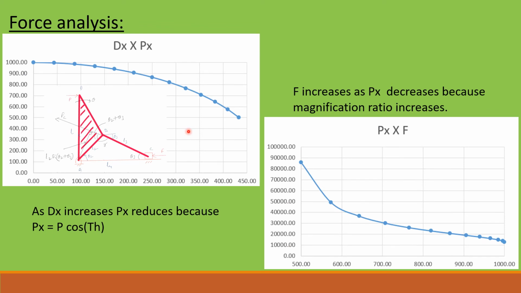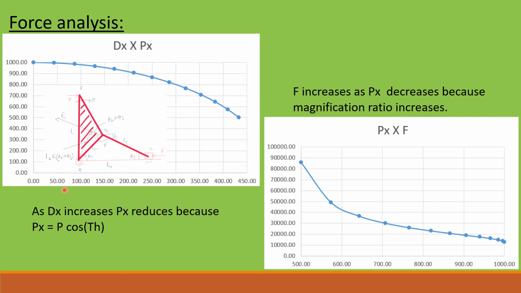In the problem, we have considered horizontal force P, but when this lever rotates by an angle theta, the force P perpendicular to this lever will become Px. So Px is P cos theta. In this graph we have plotted dx versus Px, where dx is the position of point D along the x-axis, and Px is the variation of force when angle theta is rotated.